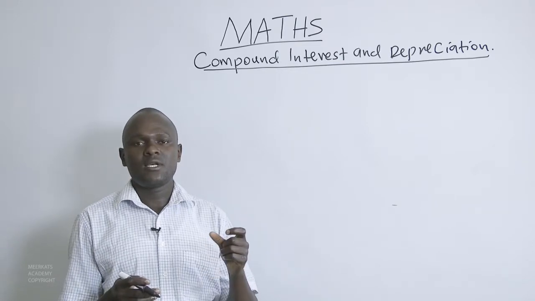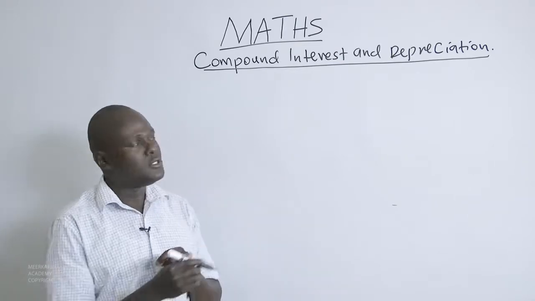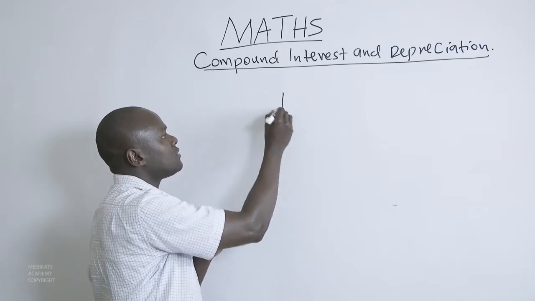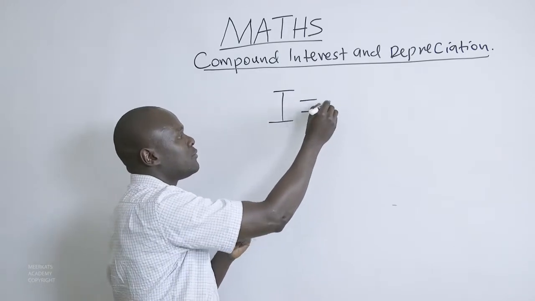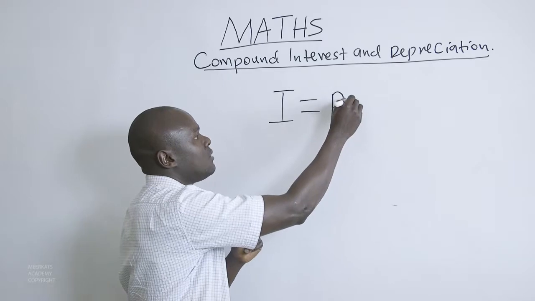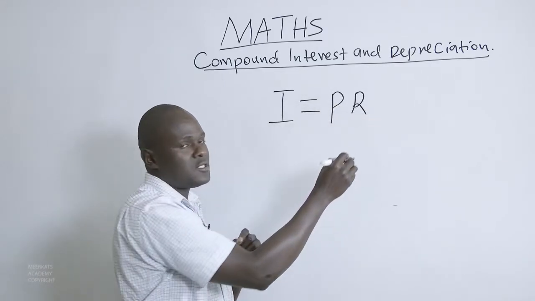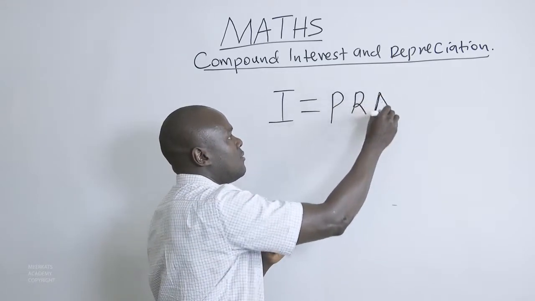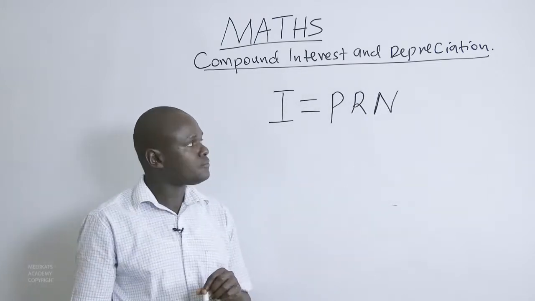Let us take, for example, we can start from the simple interest formula where we were saying that interest is basically equal to the product of the principal amount, the rate, and the number of periods.